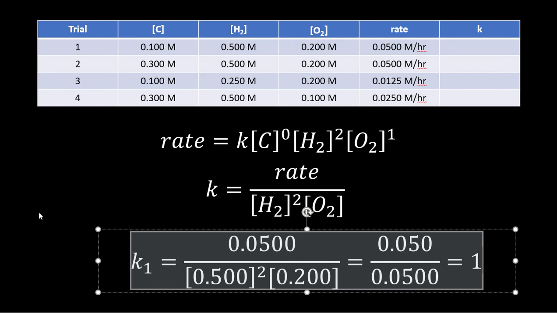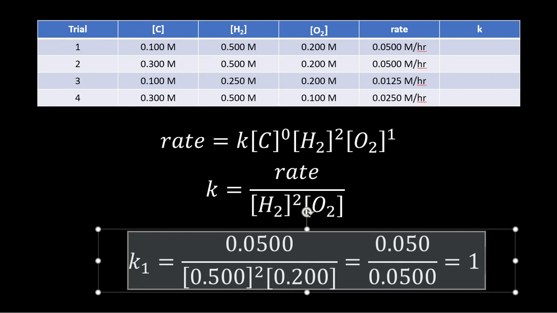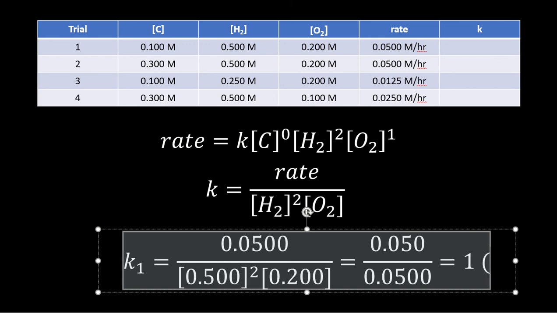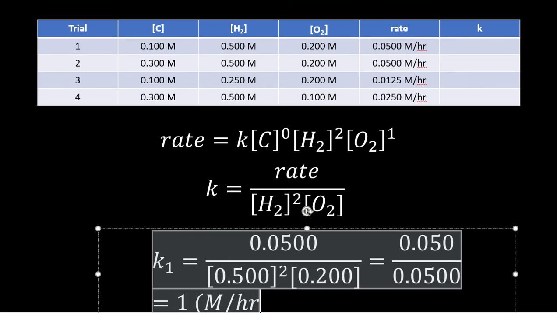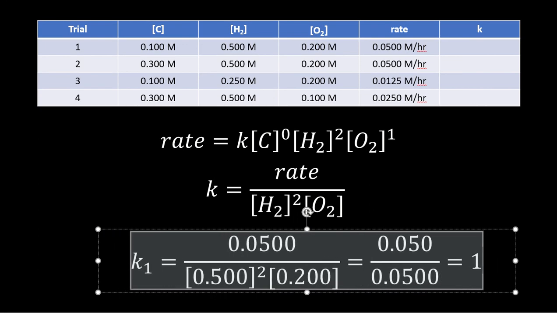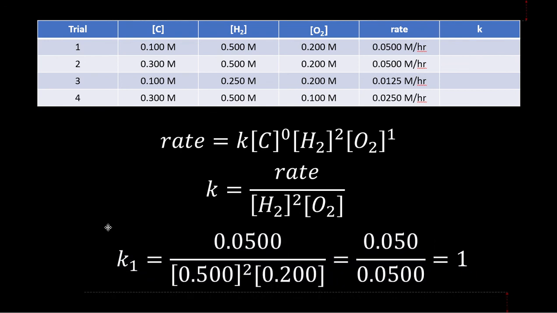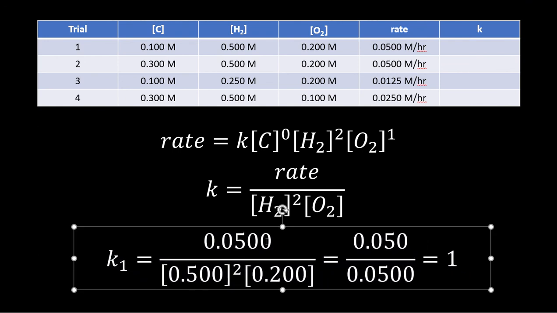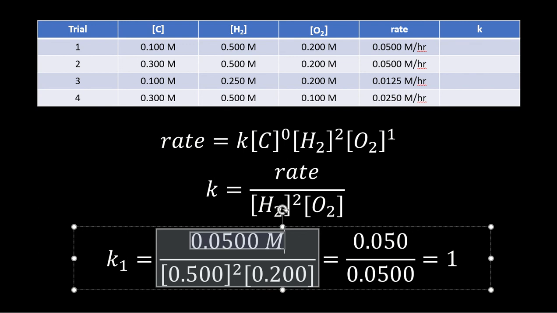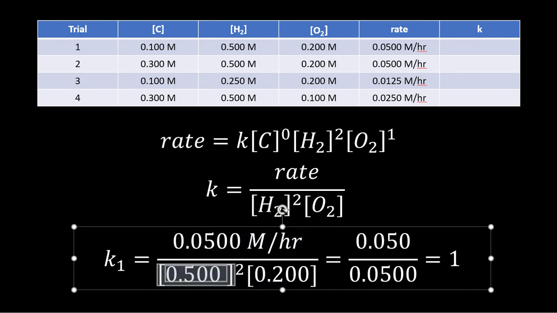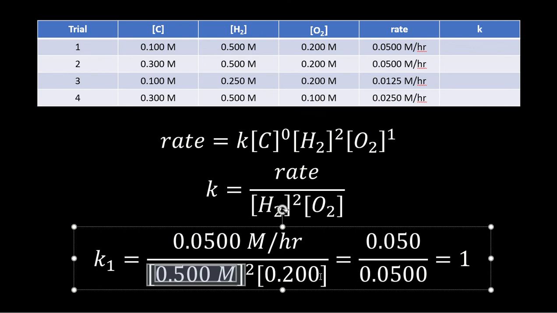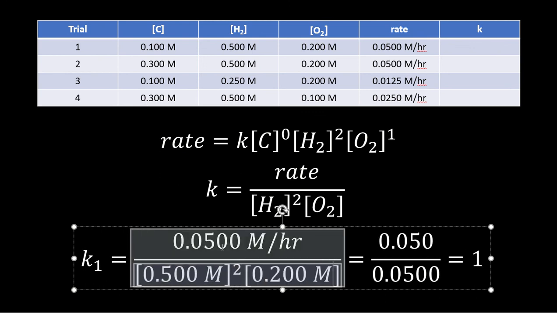Now, in this case, it's very important to keep track of what the actual units are as well. If we started out with molars per hour, effectively what we have is molars per hour in the top, and we have molars being squared in the bottom multiplied by molars again.